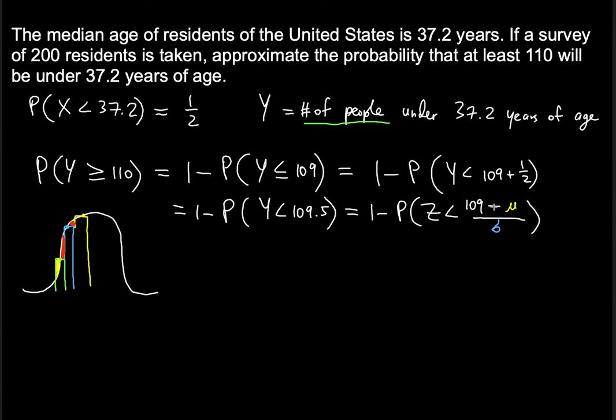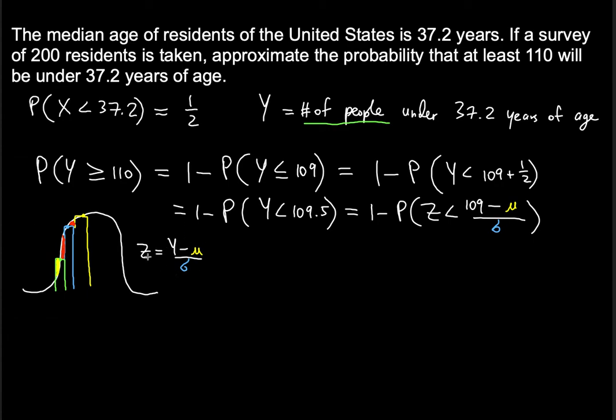So now recall the reason why we converted y into z is because we can express z as y minus mu divided by the standard deviation sigma, right?